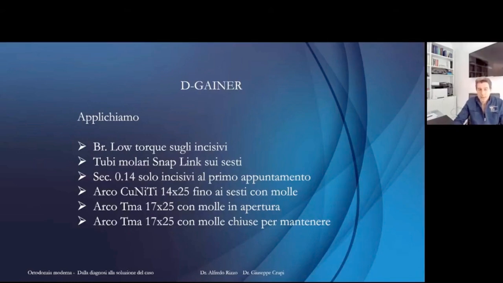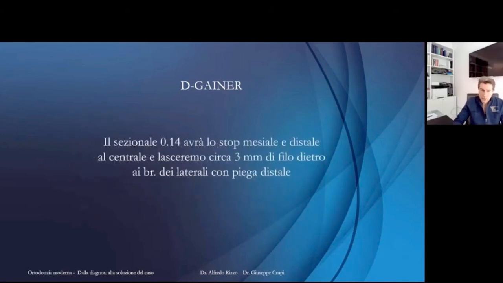So we simply bend the wire beyond the first molar, and then we switch to TMA 17/25 arch with the open coils, open springs. And after the springs have worked and created enough space, we switch to the closed coil to preserve the spaces achieved so that the permanent dentition can erupt freely.